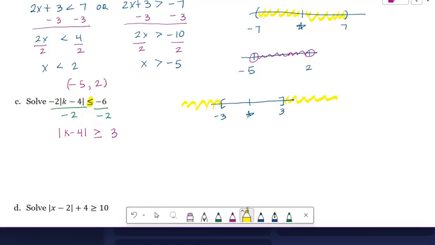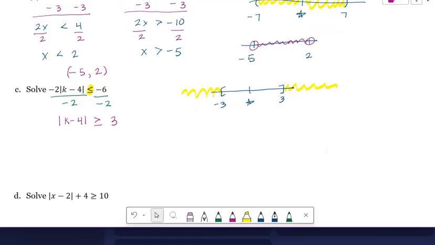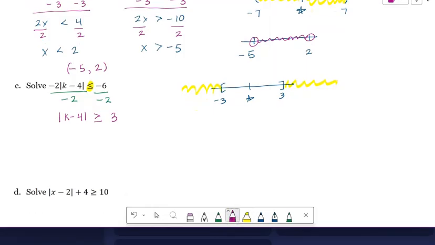I want the distance to be more than 3. So looking at that picture, on the right-hand side, I'm going to have k minus 4 greater than or equal to 3. And then on the left-hand side, I'll have k minus 4 less than or equal to -3.